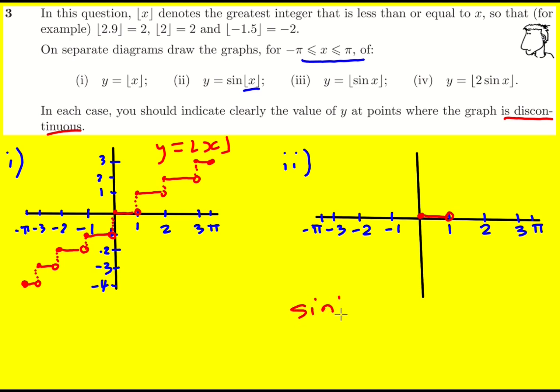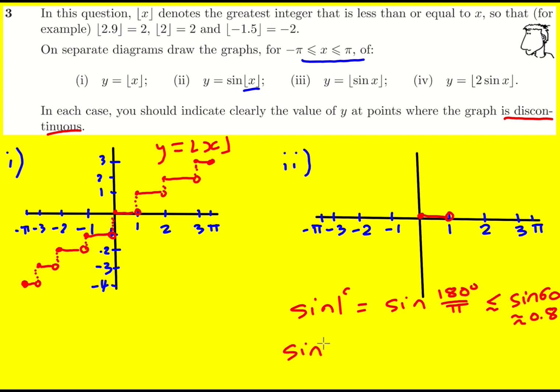So sine 1 in radians is going to be sine of 180 over pi in degrees, which is slightly less, but roughly equal to sine 60. It's going to be a bit less because it's 180 divided by 3.1, but it gives us a ballpark. So maybe around 0.8, because sine of 60 is 0.87 or something like that. We don't need to put that on exactly, but it's just good to have a feel for where it is.